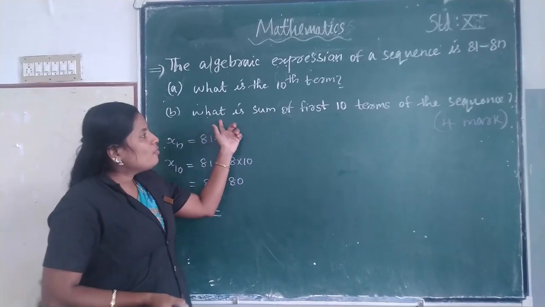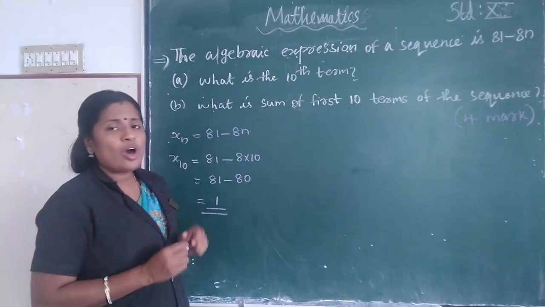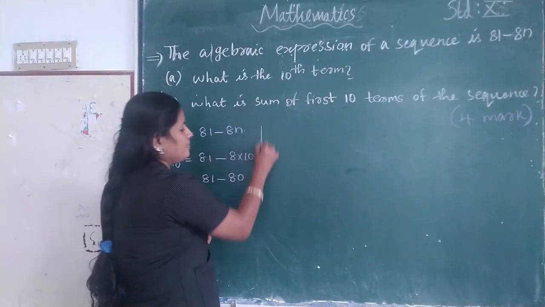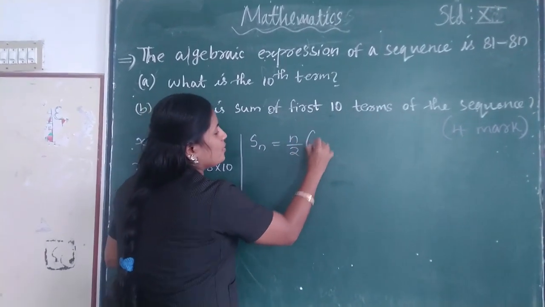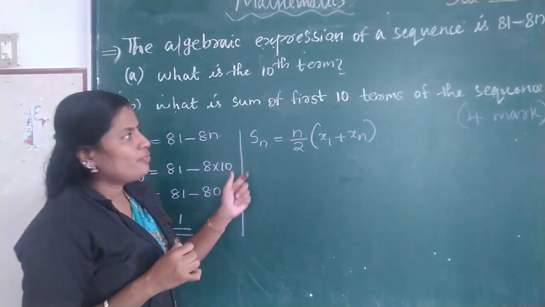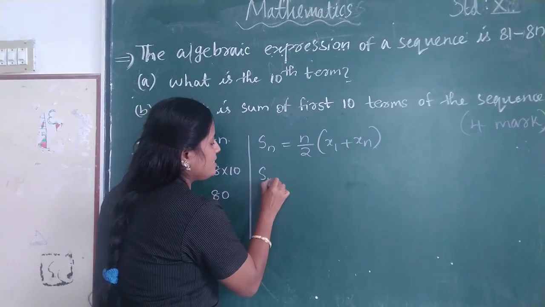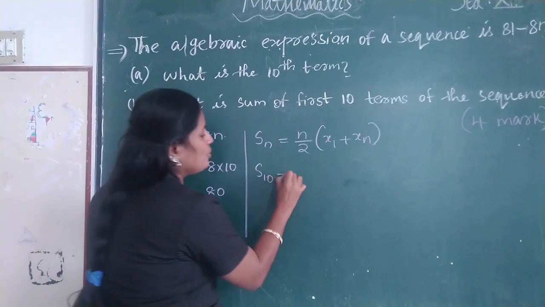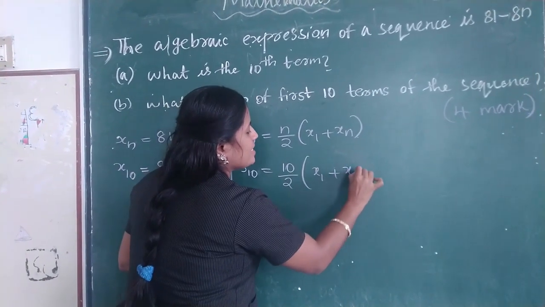Next question is, what is the sum of the first 10 terms of the sequence? So how can we find out the sum? That is Sn equals n by 2 into (x1 plus xn). Here we have to find the sum of the first 10 terms, that means S10. S10 equals 10 by 2 into (x1 plus xn).